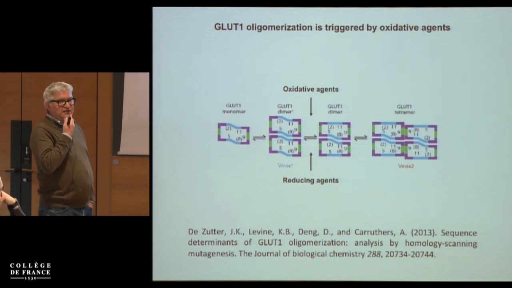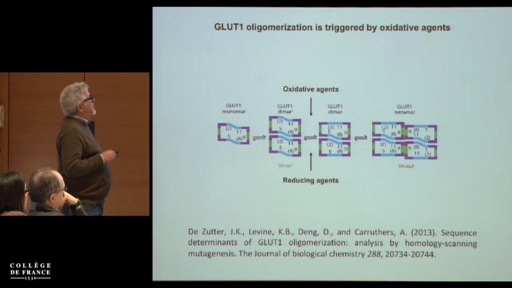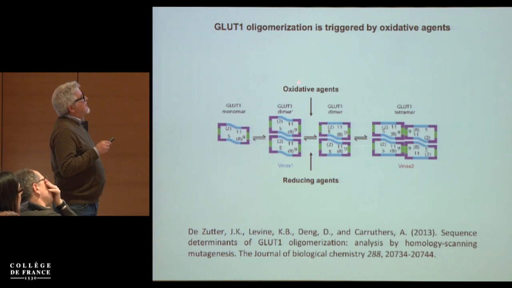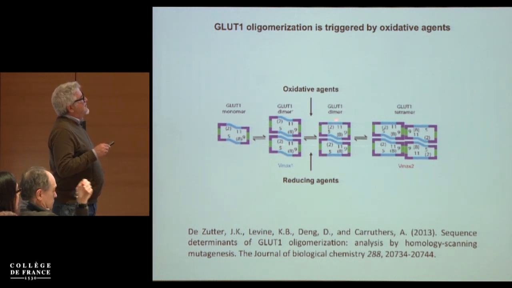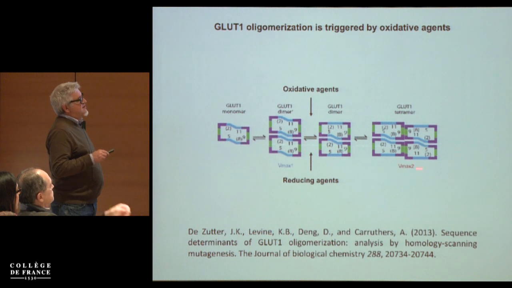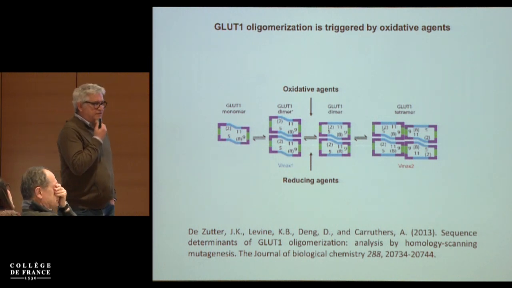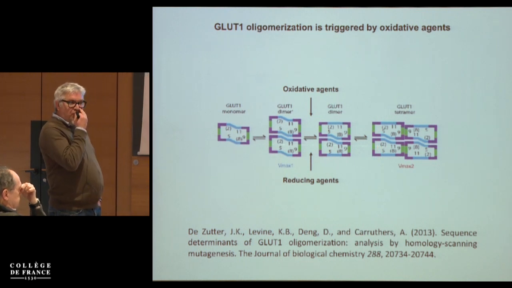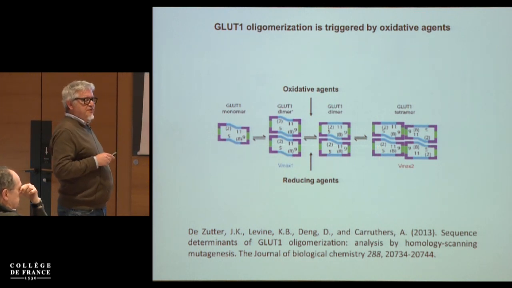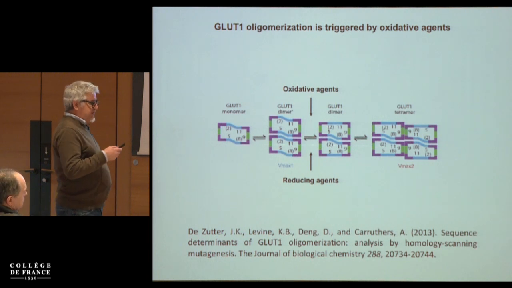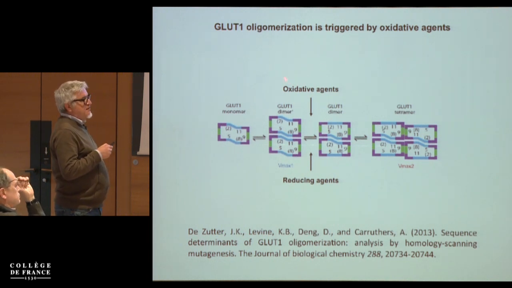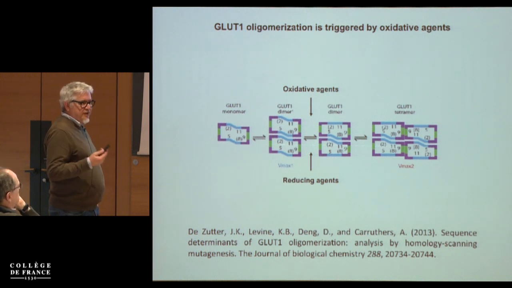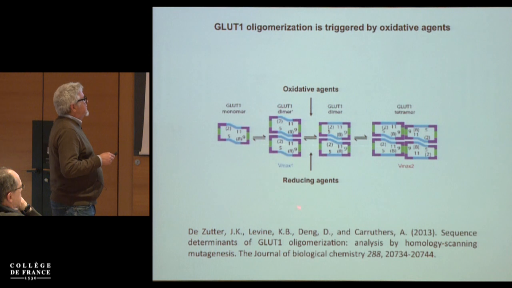So interestingly enough, the work by Anthony suggests that the only way to transfer this dimer to this tetramer, which has an increased Vmax, is by tetramerization through forming a disulfide bridge between the subunits. And this is basically induced by an oxidative agent, and it is reversed when you add a reducing agent.